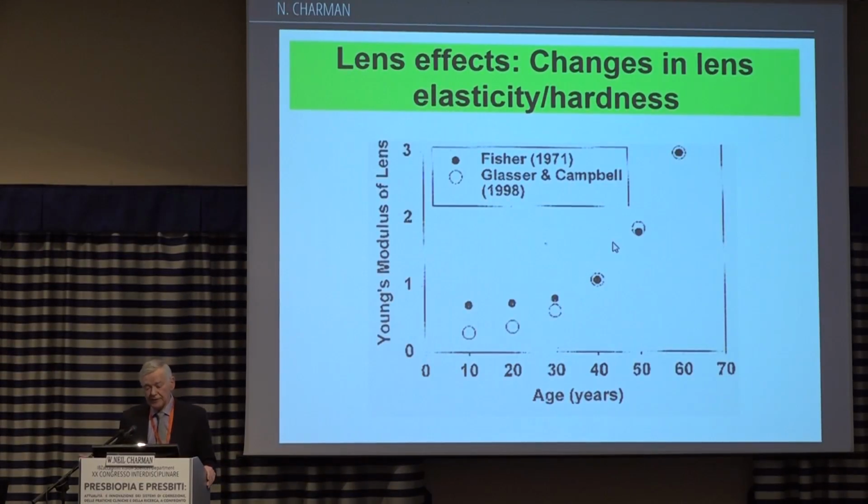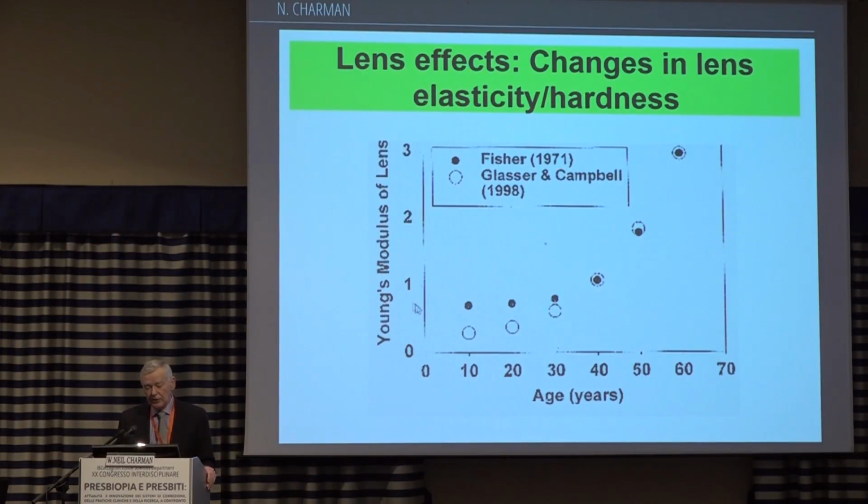What about the lens? This is the key. You can measure a lot of things about the lens: Young's moduli, other mechanical things. You can measure its stiffness and so on. Various people have done this, and these are some measurements by Fisher in the 70s, some measurements by Glasser and Campbell around 2000, but there are other measurements.